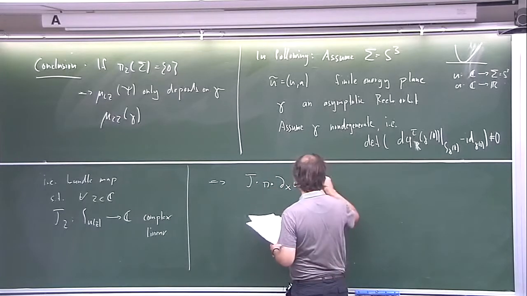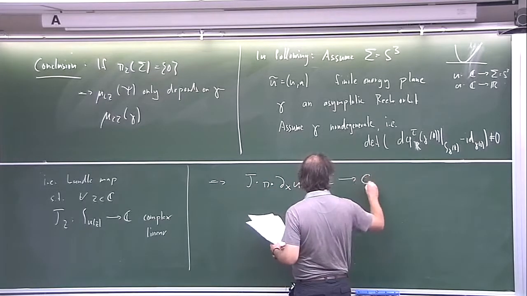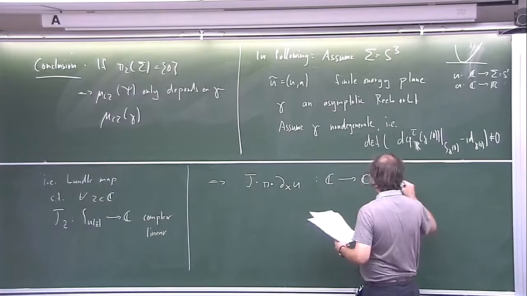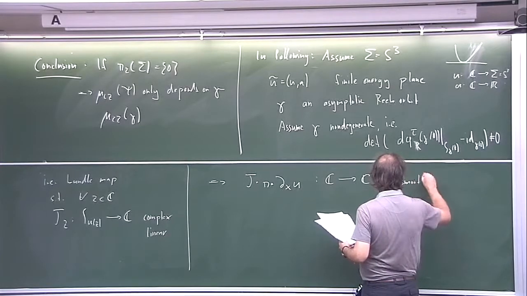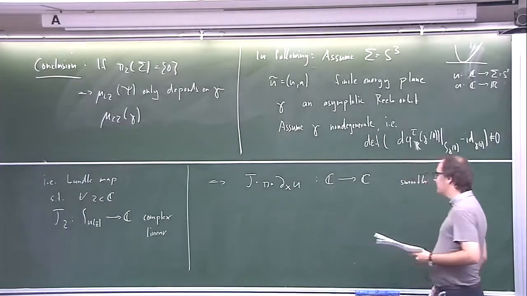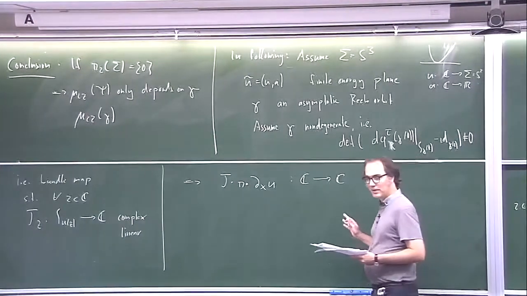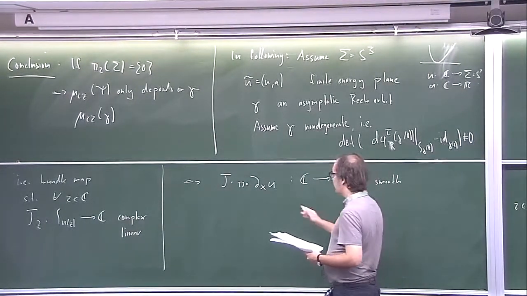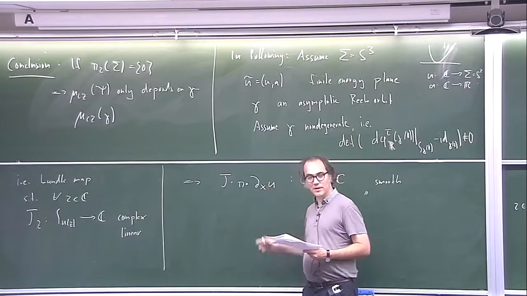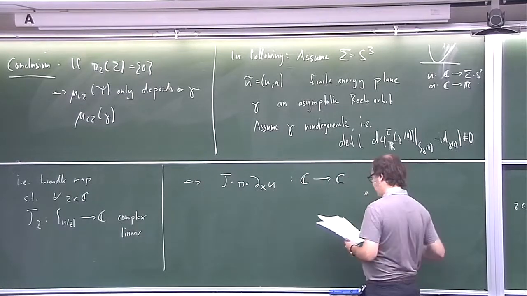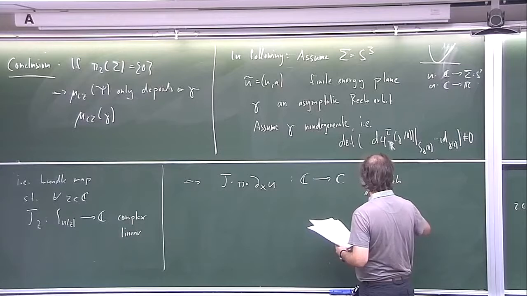So this is a smooth map from C to C, and it's basically almost holomorphic, because u satisfies this holomorphic curve equation.